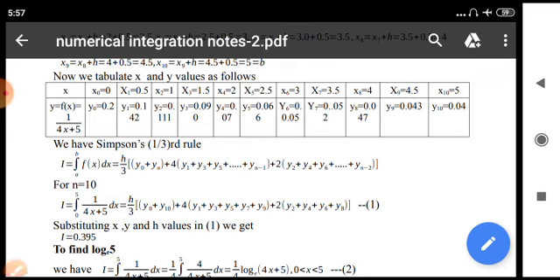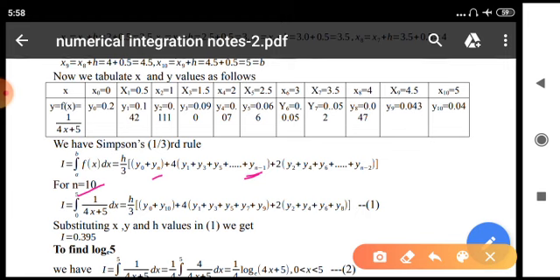So dear students, here n is 10. When you substitute n as 10, we get h by 3 times [y0 plus y10 plus 4 times (...)]. Now here we have to find the last term: what is the maximum value of n minus 1? 10 minus 1 is 9.